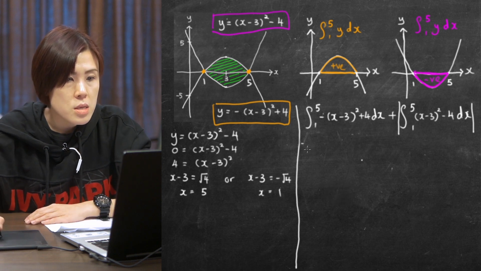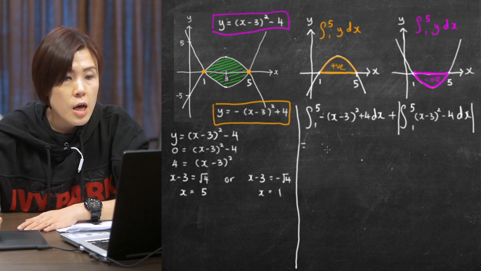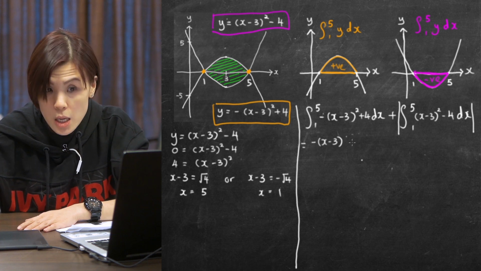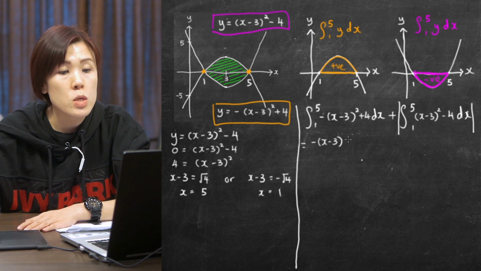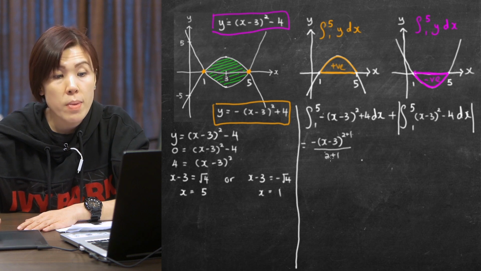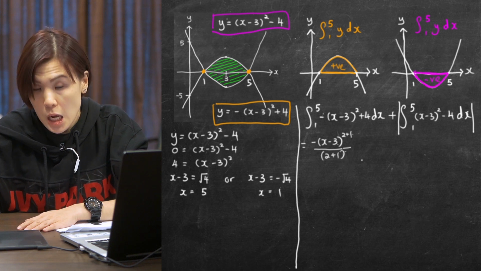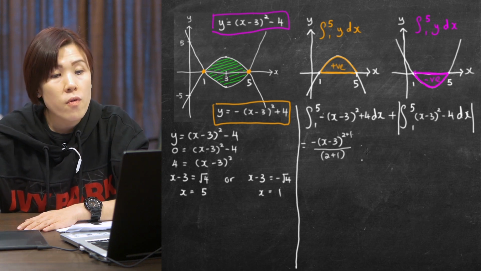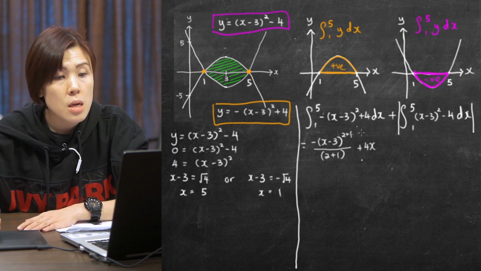Okay, so for this, I will have negative x minus 3, power increased by 1, so 2 plus 1 over the new power 2 plus 1, and differentiating the inside gives 1, and integrating 4 gives 4x. For this integration, we need to insert 1 and 5.